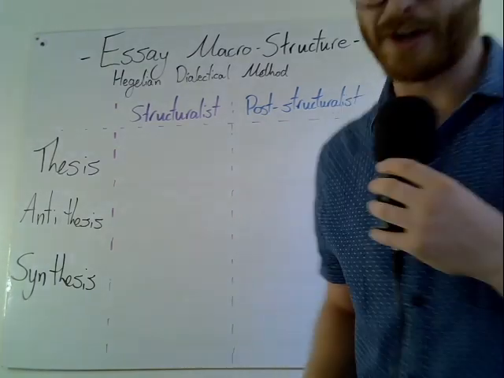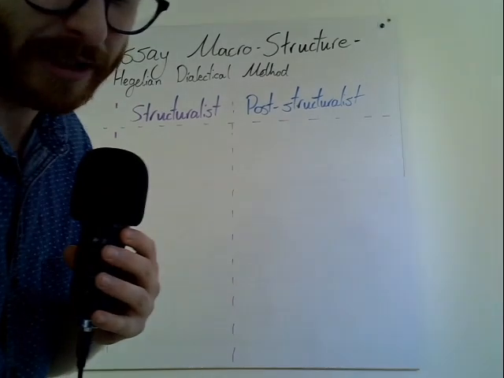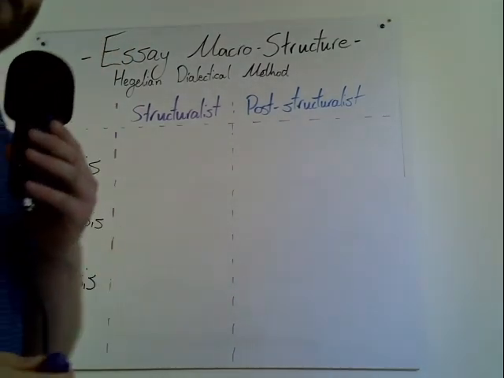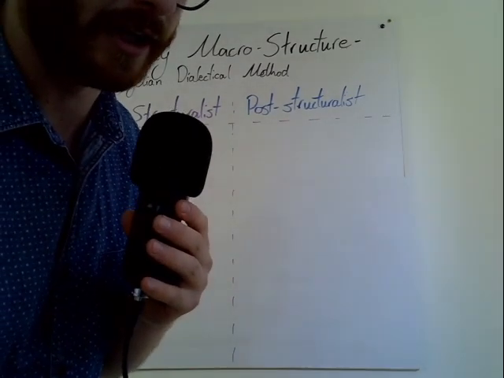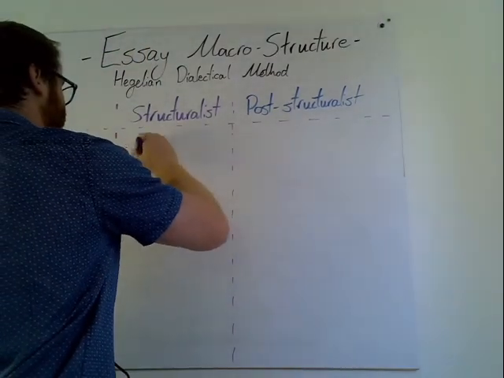Now, with a structuralist approach, I would say that your thesis will be evident in your introduction and in the first part of your analysis, probably the first paragraph or two. So this will be intro.